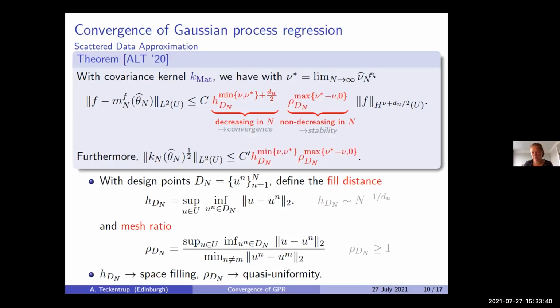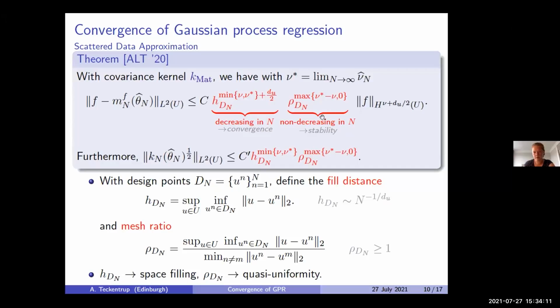I'm assuming that our estimated smoothness parameter converges to some nu star. It doesn't have to converge. You can also work with the lim sup and the lim inf, but that will make the result look even more complicated, so I've written it down in this simplified setting. But you can see the rate depends both on how smooth your f is and how smooth your prior is, and you get the minimum of the two.